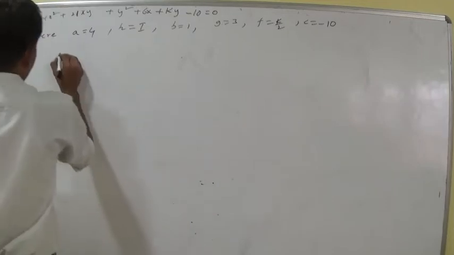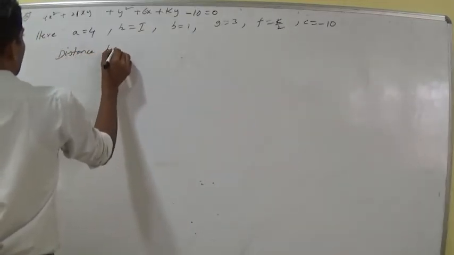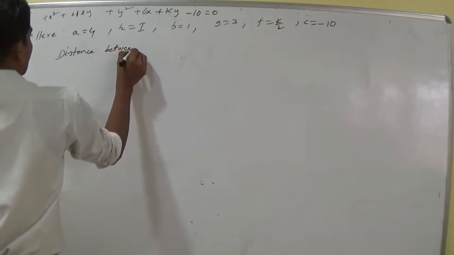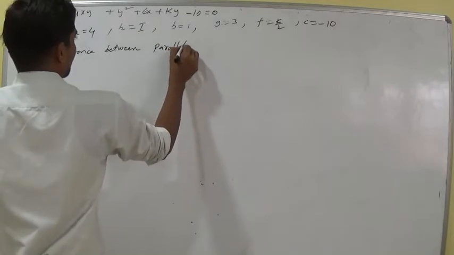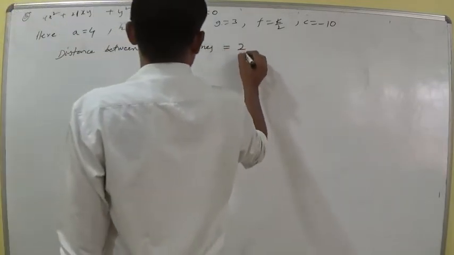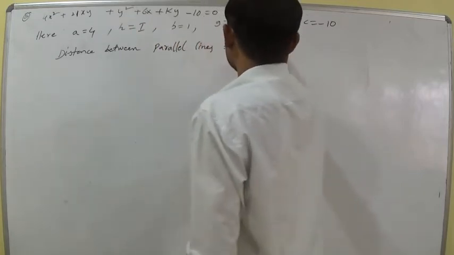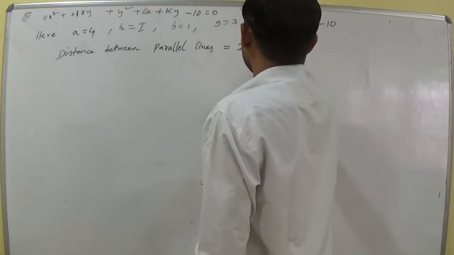Distance between parallel lines is equal to 2 square root of (g² − ac) by a(a + b).